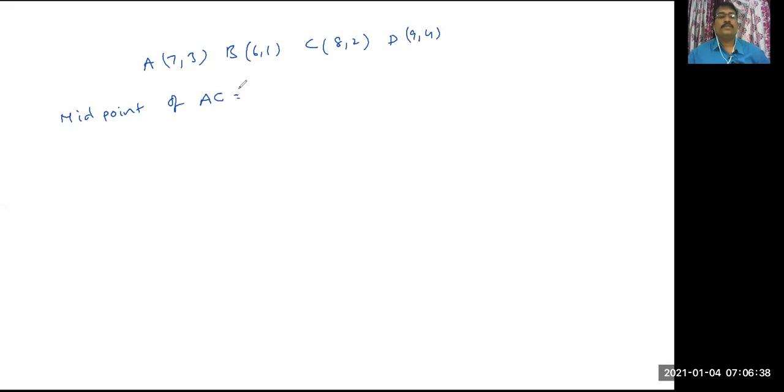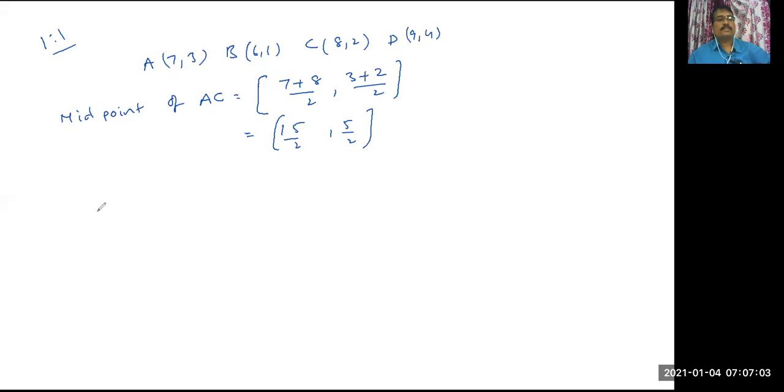Here AC and BD are diagonals. As usual m:n is 1:1, so x1 plus x2 by 2, y1 plus y2 by 2: 7 plus 8 by 2, 3 plus 2 by 2. So 15 by 2, 5 by 2.